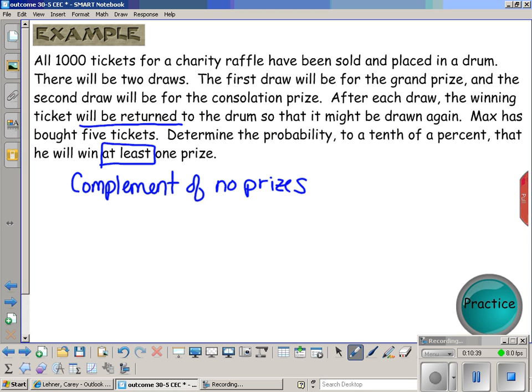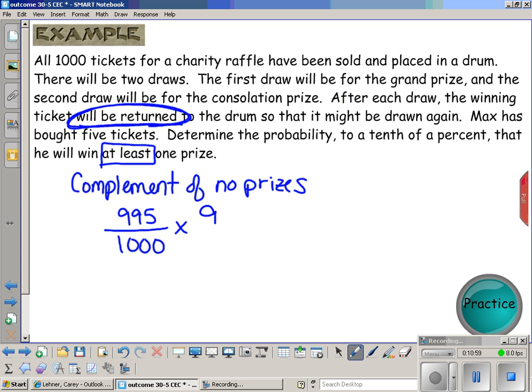So let's find the probability that he doesn't win. He bought 5 tickets. There were 1,000 tickets sold. That means 995 of the tickets are not his. Once one is pulled out, it gets replaced back in. It's going to be returned.